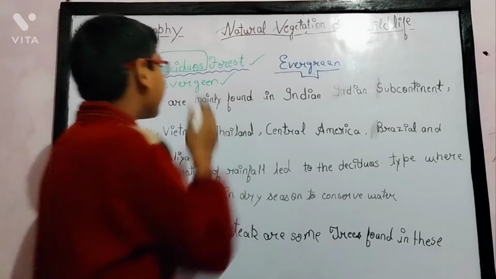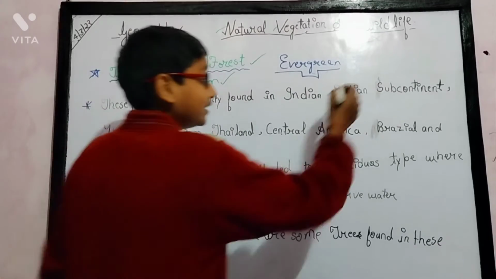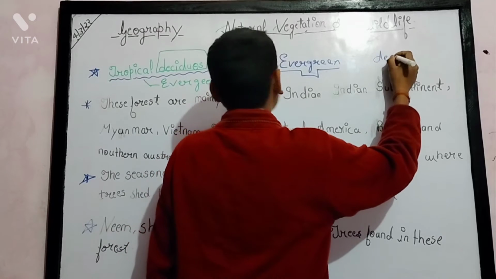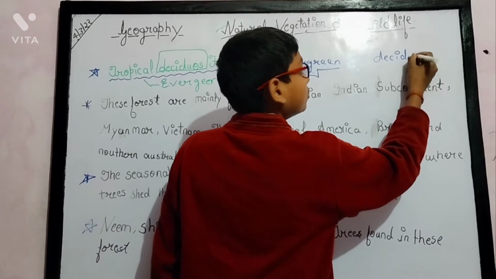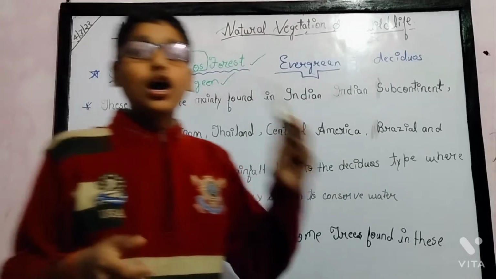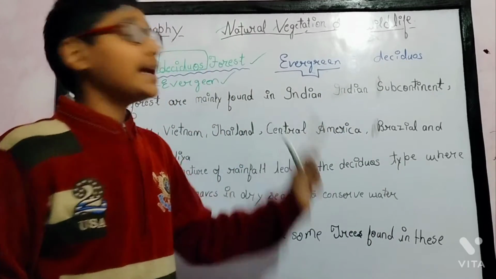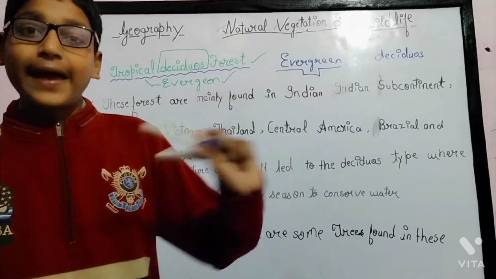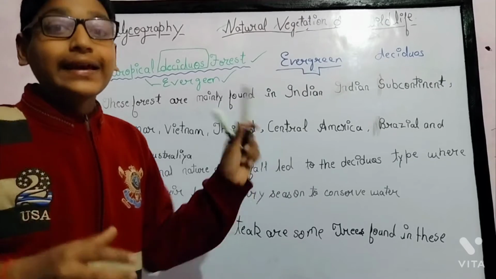But the deciduous forest is the opposite of that. There is not too much water like in the evergreen forest. There is water, but not so much that there is water all the time.